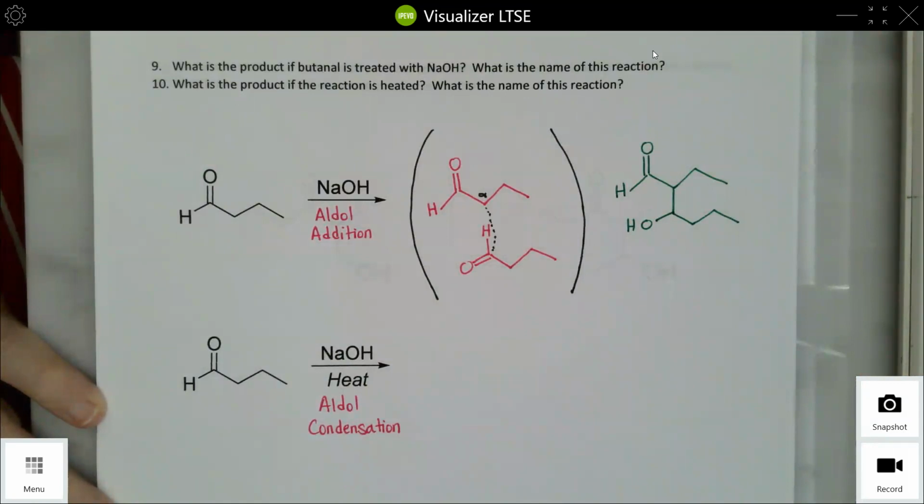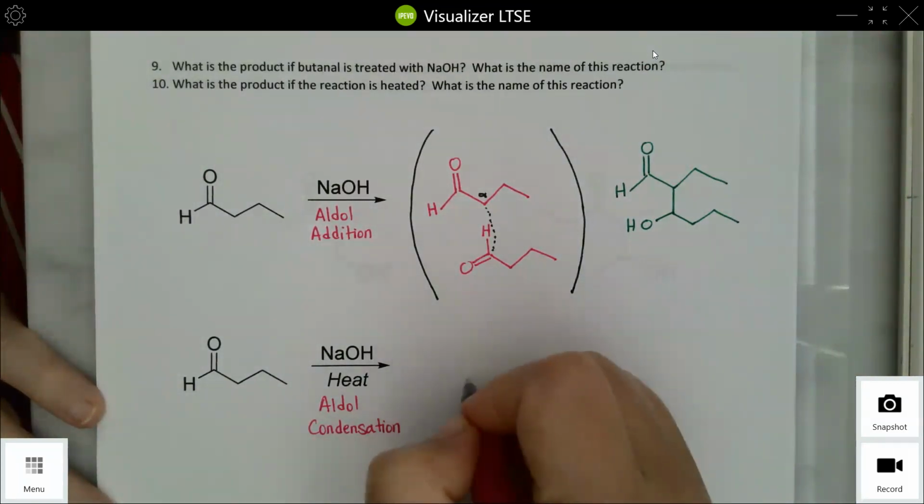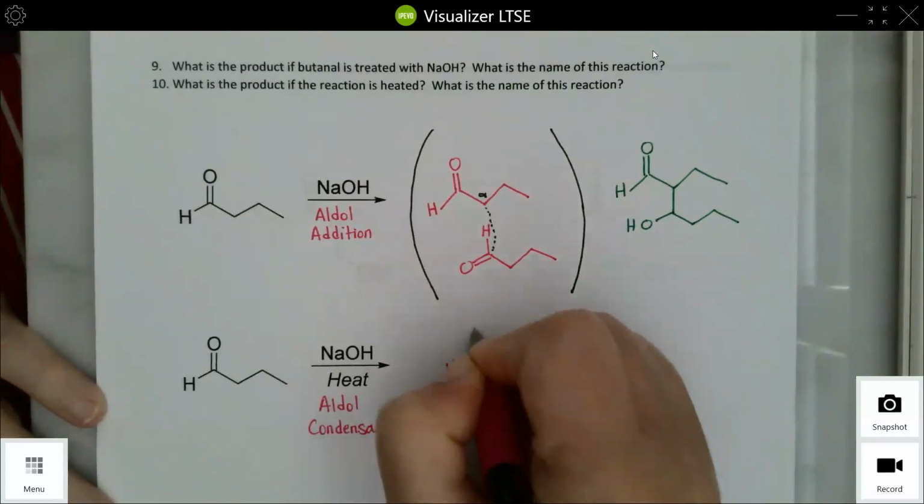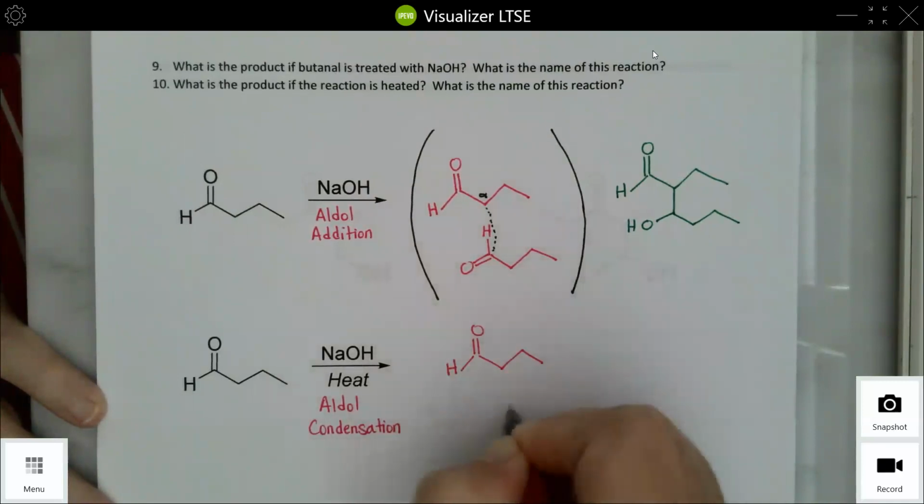And then a very similar idea here, right? We're going to think of it in the same way, where we're going to imagine these lining up in the same way.